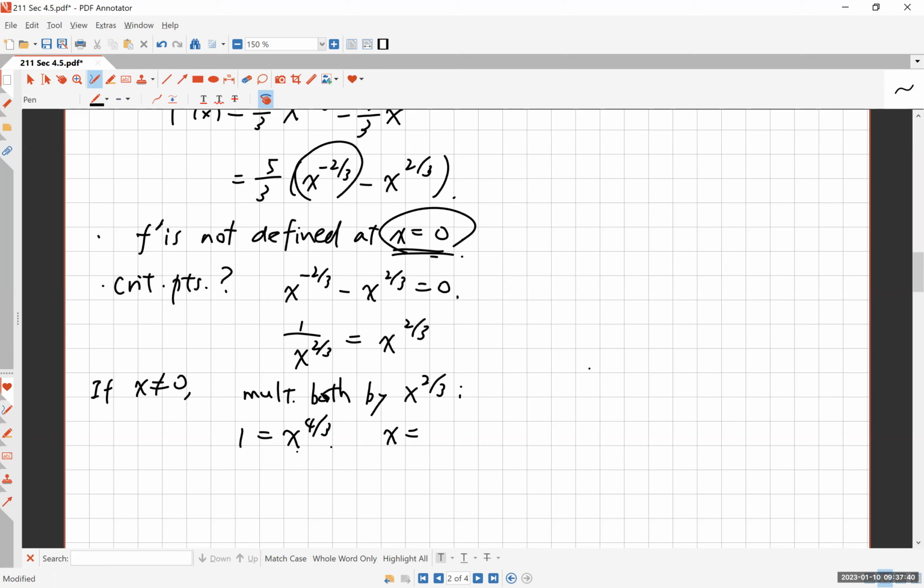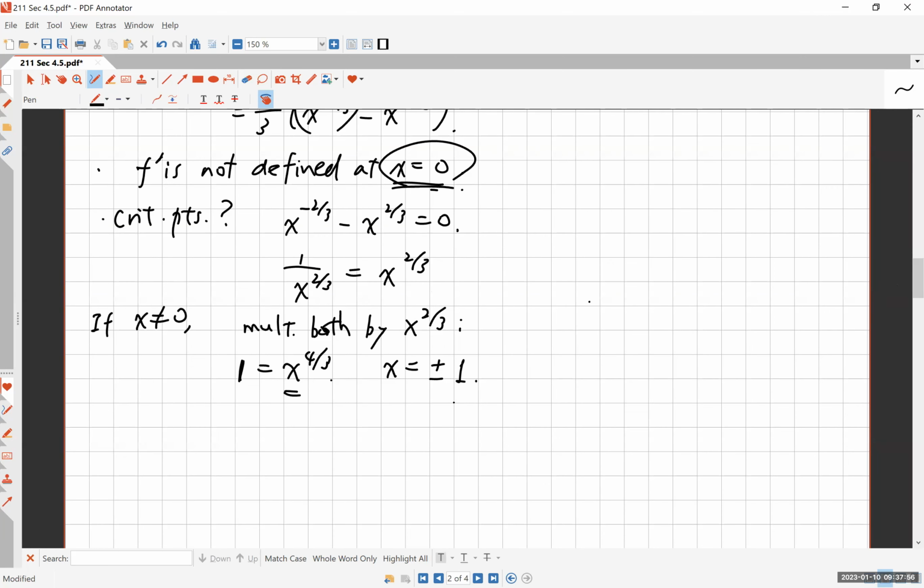Now, if you take the cube root of this number and take it to the 4th power, you get 1, okay? How many numbers are there? There are 2 of these numbers, plus and minus 1. The cube root of -1 is -1, and if you take it to the 4th power, that's 1. And of course, the cube root of 1 is 1, and the 4th power of that is also 1.